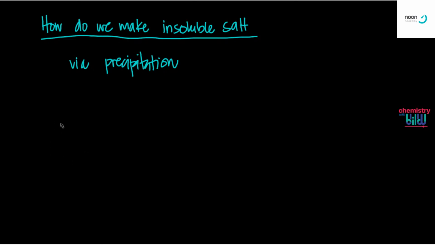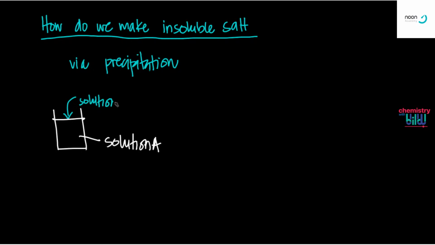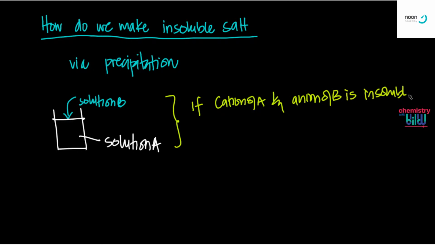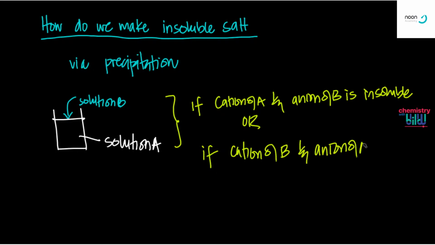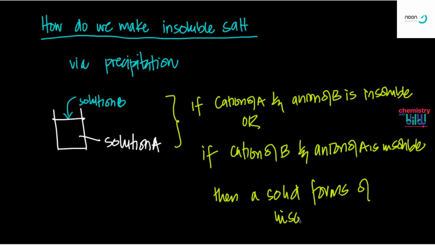Precipitation means that if you take a beaker, and first add, let's say, solution A, and then you add solution B. The idea is, if the cation of A and anion of B is insoluble, or if the cation of B and anion of A is insoluble, then a solid forms. Of what? Insoluble salt.